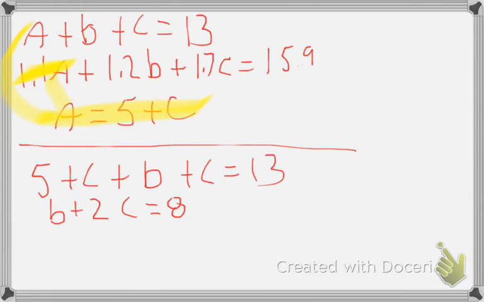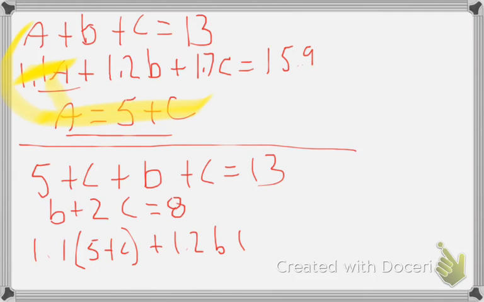Now let's substitute into the second equation. So this is going to end up being 1.1 times A in this case, which is going to be 5 plus C, plus 1.2 B plus 1.7 C is going to equal 15.9.